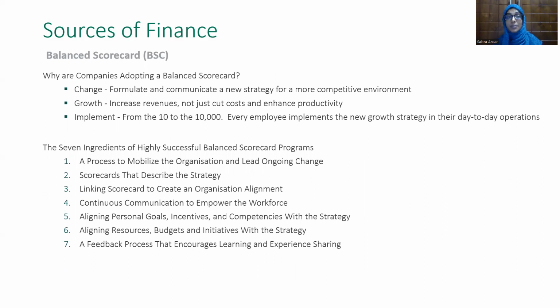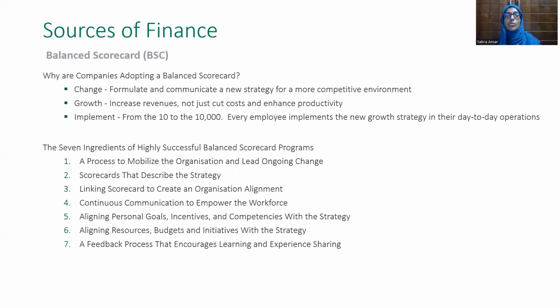After that, it's about implementing from 10 to 10,000, where every employee needs to implement the new growth strategy in their day-to-day operation. Now, we'll talk about the 7 ingredients of a highly successful balanced scorecard program.